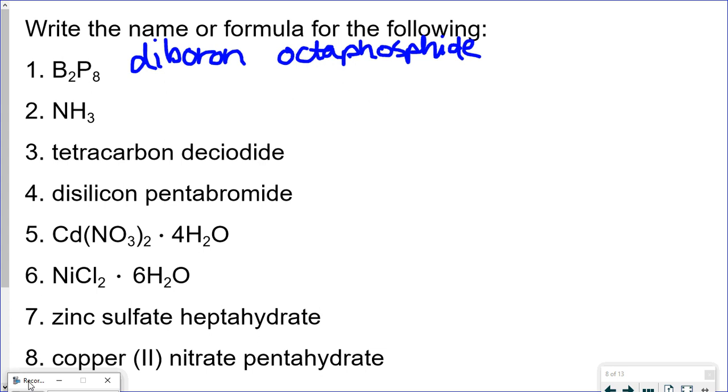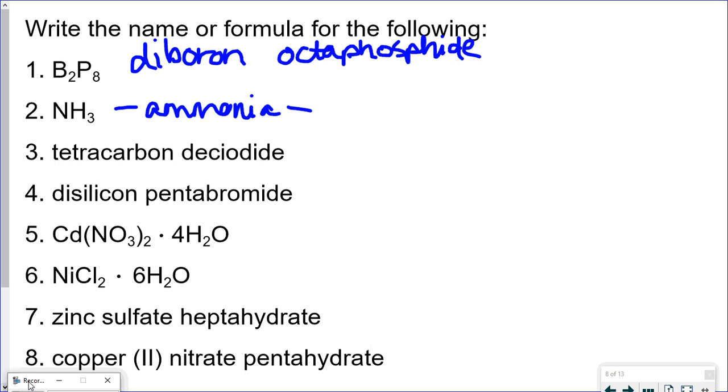Looking at our next one, we have NH3. This does have a common name. This is ammonia, which may be in a lot of household cleaners. That's one that we tend to come across and use a lot, especially when we get to our acids and bases unit.